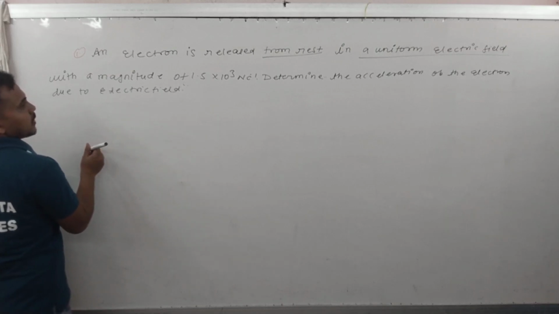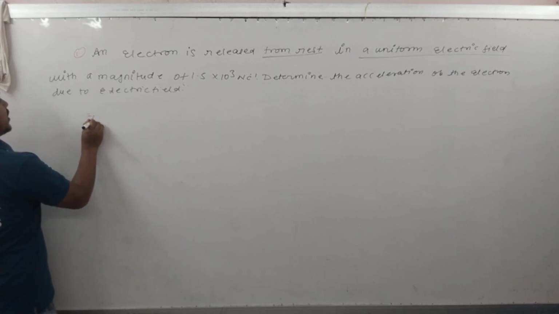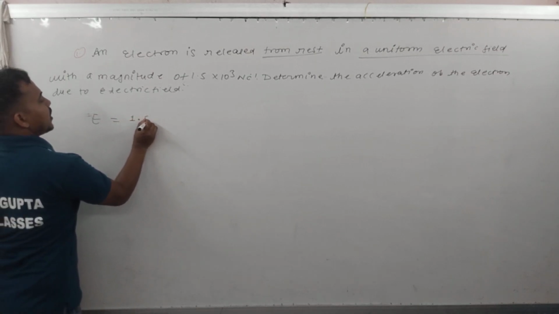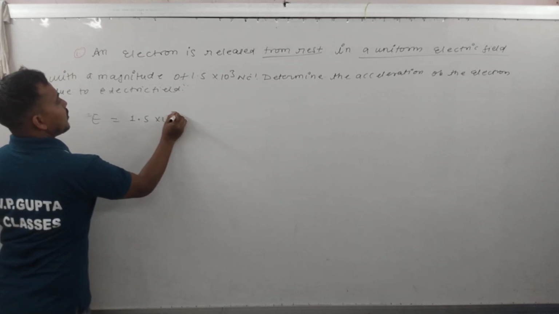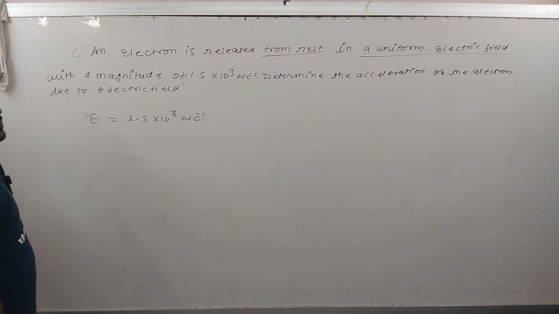Means the given data is electric field equal to 1.5 into 10 to the power 3 Newton per Coulomb. Determine the acceleration of the electron due to the electric field.